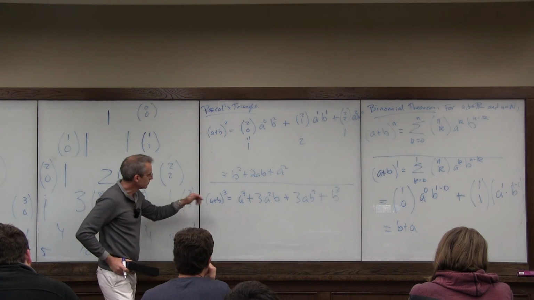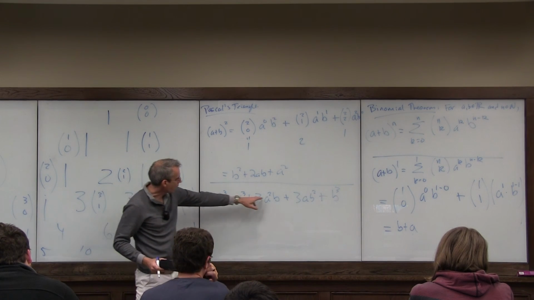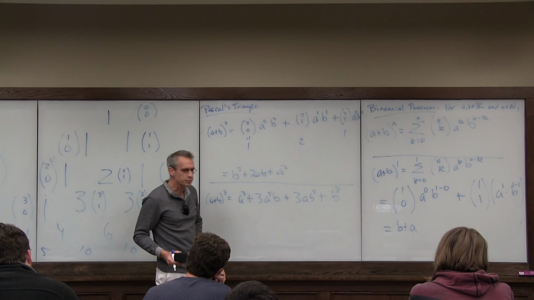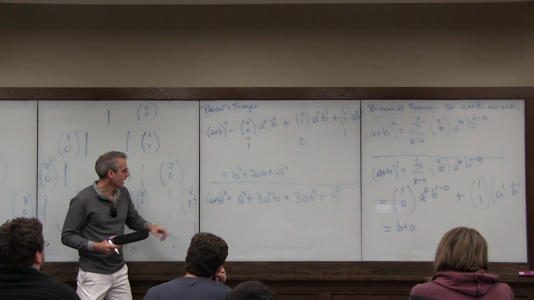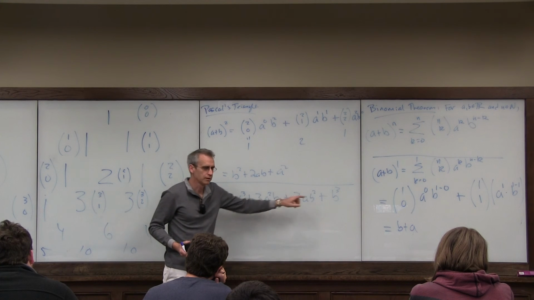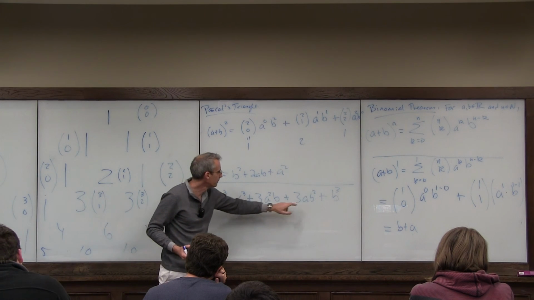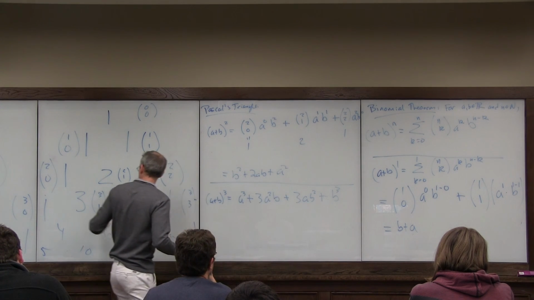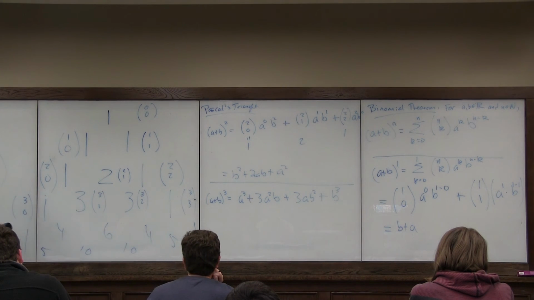And so again, notice what's happening here. The powers of a and b always add up to 3. And the powers of a are dropping, and the powers of b are going up. And then the coefficients are just drawn from Pascal's triangle.